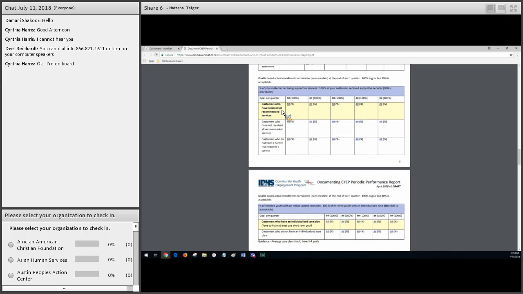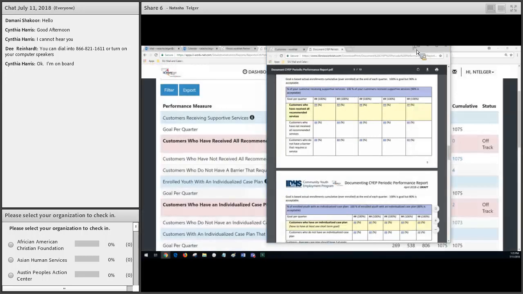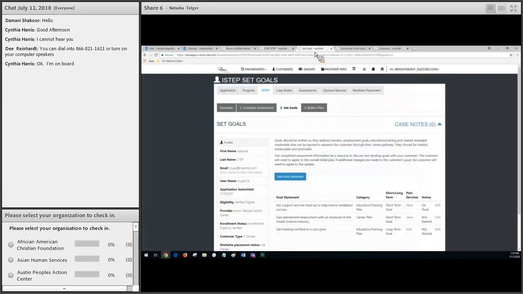But whatever you select for those services should really address the barriers that the person has, that you're trying to help them with overcoming those barriers to employment. And then if you had recommended those, then they should complete and mark them as that they had received those steps.